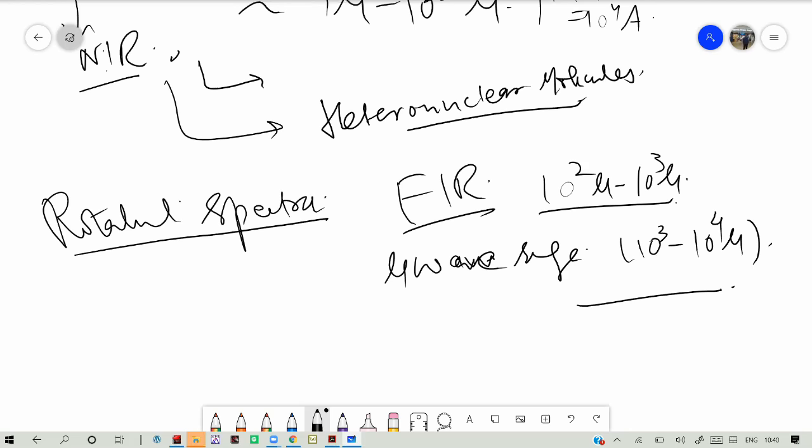Each spectrum then has equidistant lines, and we will study them separately for diatomic molecules, hopefully in the next class. Okay.